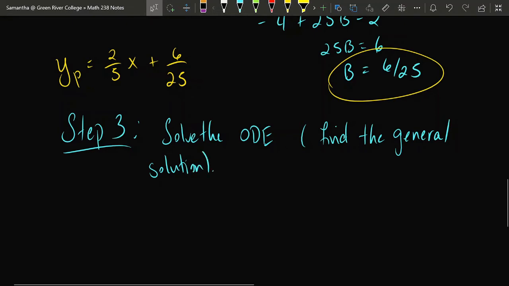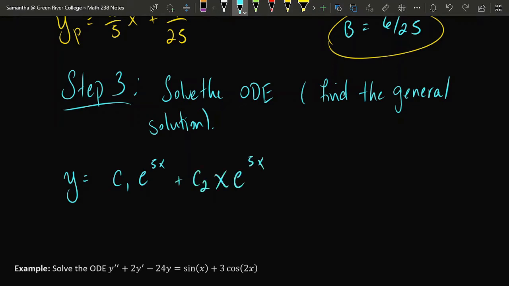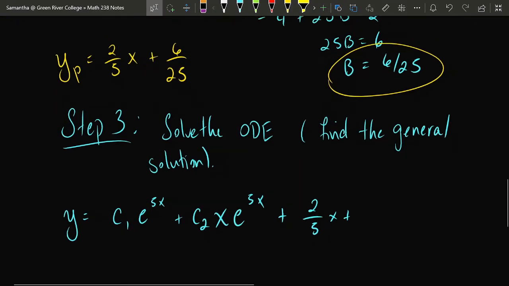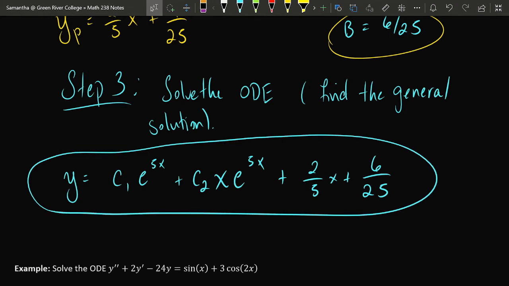Any solution to my original differential equation must have the form of the complementary function c1 e to the 5x plus c2 x e to the 5x plus the one particular solution, 2/5 x plus 6 over 25. Every solution to our given non-homogeneous ODE must have this format.